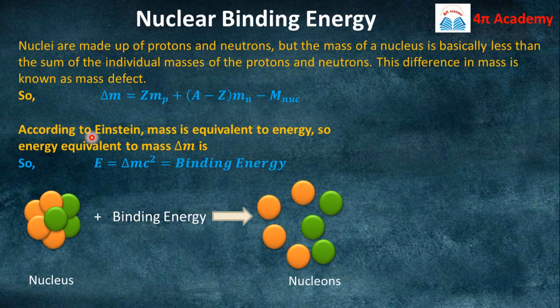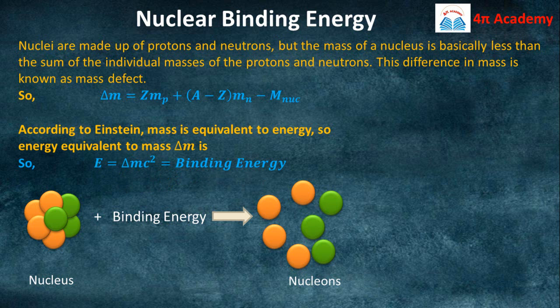In the special theory of relativity, the important thing Einstein said was that mass is equivalent to energy. You all remember the famous mass-energy equivalence relation, E equals mc squared. So this mass defect is also equivalent to some energy: E equals delta m c squared. We can convert this mass defect into an amount of energy, and this energy is known as binding energy.